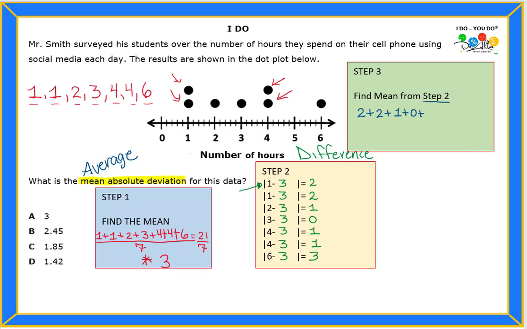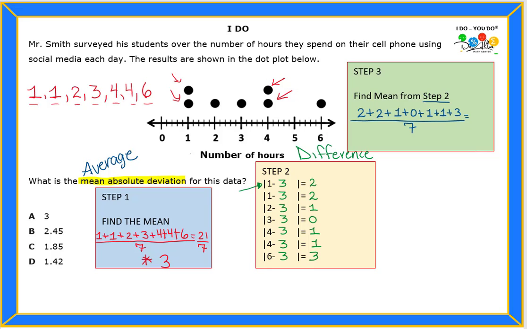I understand it has no value, but I've noticed students have the mistake that if they don't write down the 0 and then they count the data, they might not count the 0 as part of one of the data numbers, right? So that's the reason why I like writing down even the zeros. And now I'm going to divide this by, well, it has 1, 2, 3, 4, 5, 6, and 7.